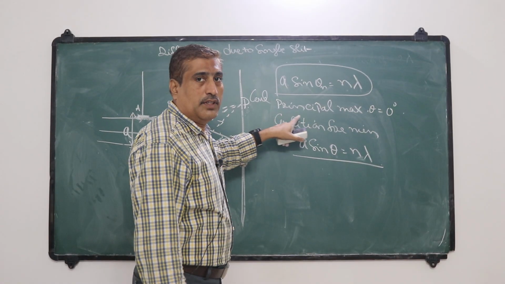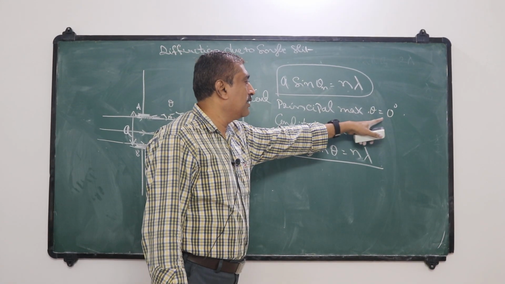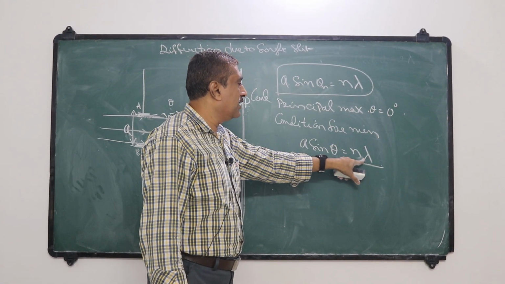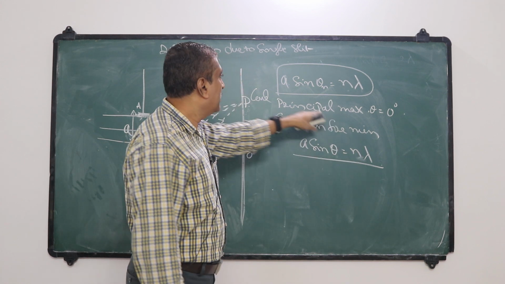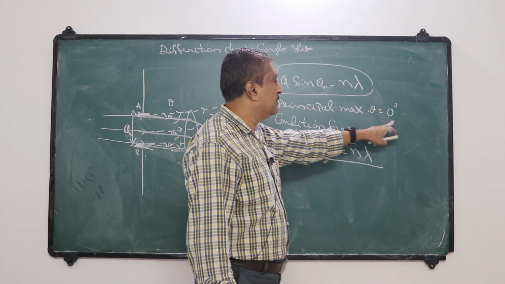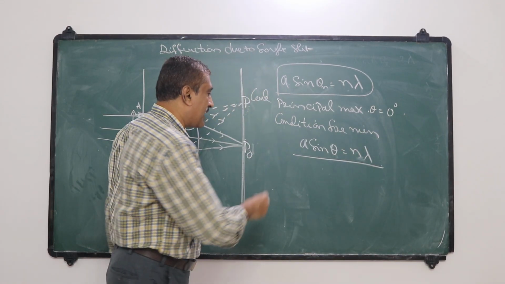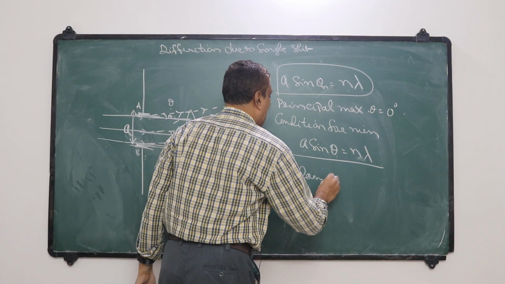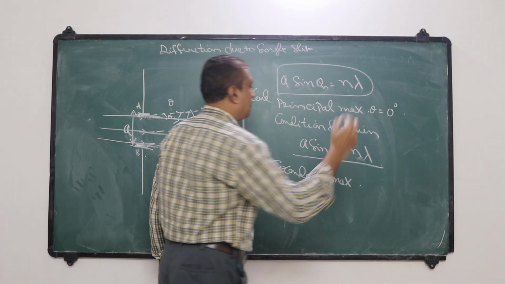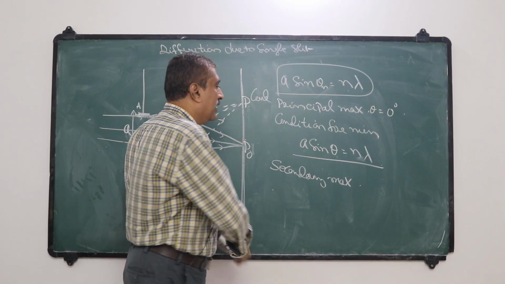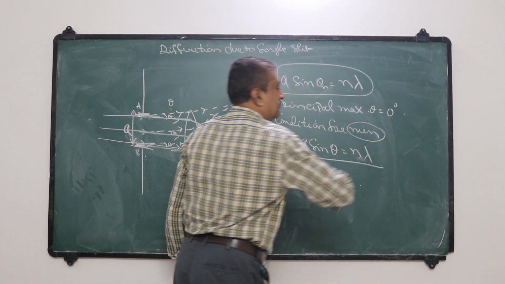Now, the condition for principal maximum is theta equal to 0. The condition for principal minimum is a sin theta equal to lambda. But in the case of diffraction, in addition to this principal maximum, there exists a secondary maximum in between equally spaced minimums.